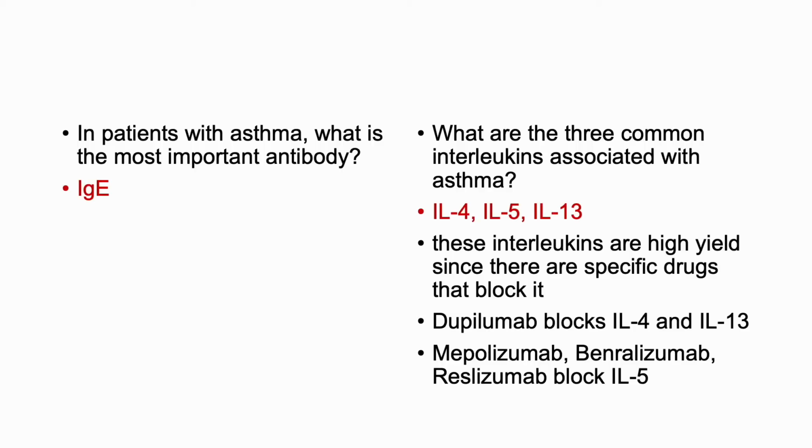What are the three common interleukins associated with asthma? IL-4, IL-5, and IL-13. Keep in mind that these interleukins are high yield since there are specific drugs that can block them. Dupilumab blocks IL-4 and IL-13. Mepolizumab, benralizumab, and reslizumab block IL-5.